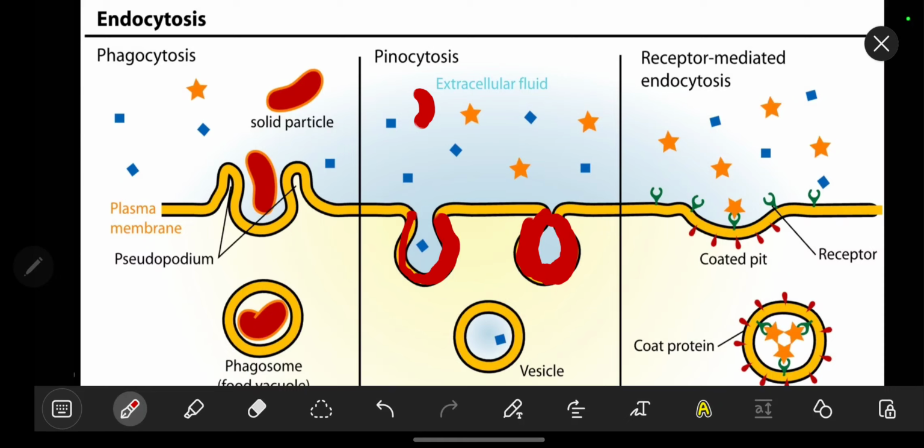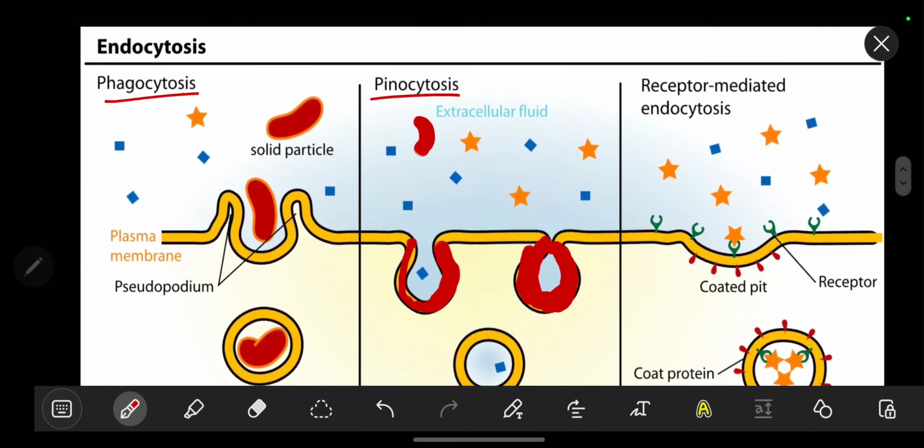So the three types of endocytosis is what we are going to be referring to: phagocytosis, pinocytosis, and receptor-mediated endocytosis. So when we look at phagocytosis, which is more like food substances as well as bacteria are swallowed like that.